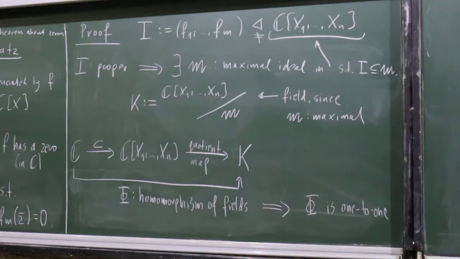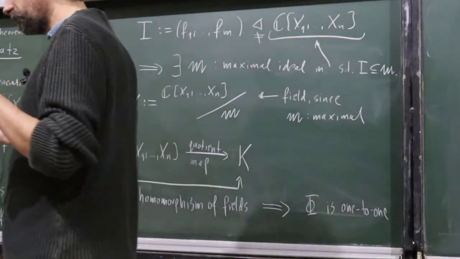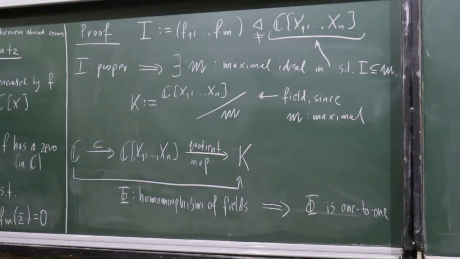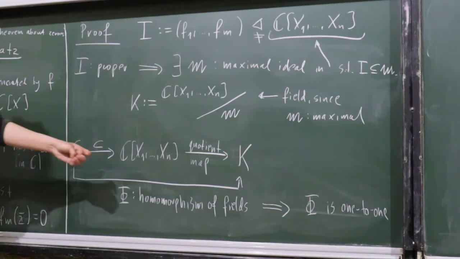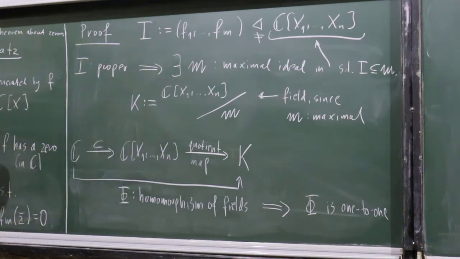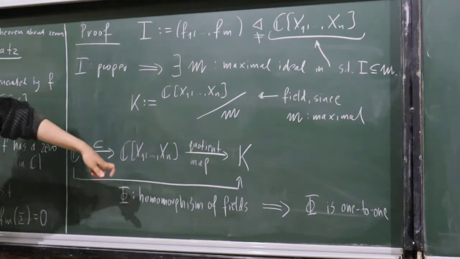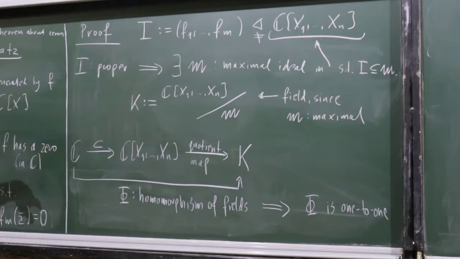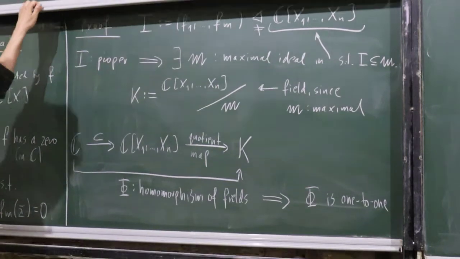There is this easy thing from algebra. A homomorphism of rings is one-to-one if and only if the kernel is trivial, but the kernel is an ideal. In fields, there are no ideals except 0 and the whole thing, which it cannot be, because 1 goes to 1, so it must be one-to-one.